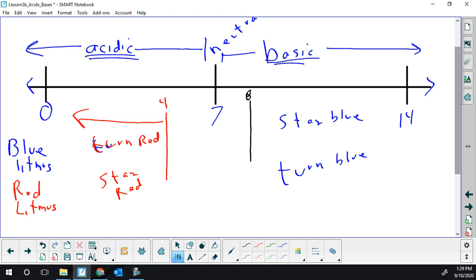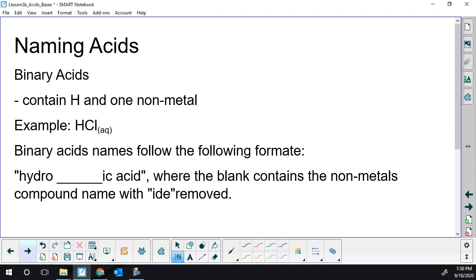But really close to 7, 6.5, 7, 7.5, neither of them are going to change color, just because there's not enough of those ions to cause that color change. So lastly, we're going to do our demo, but we're going to talk about naming acids on our next slide.